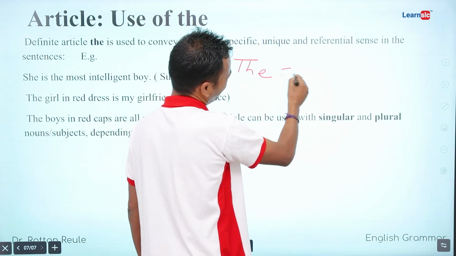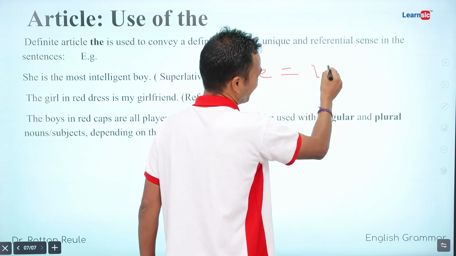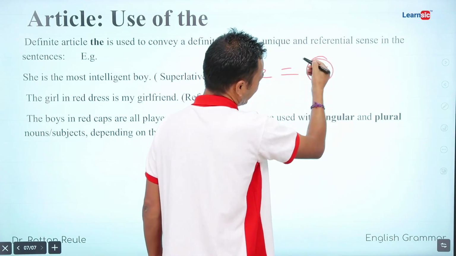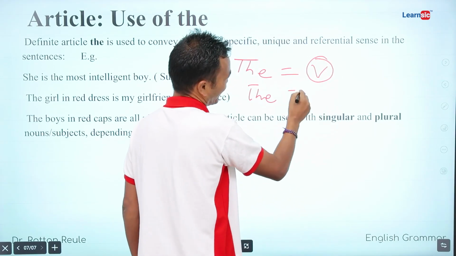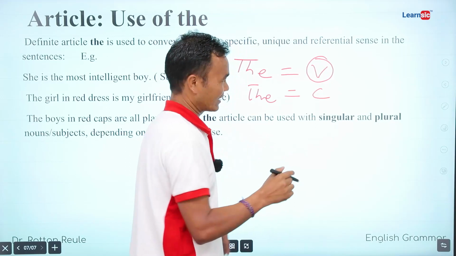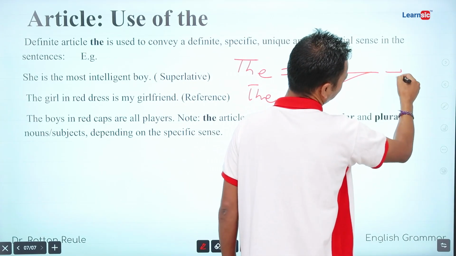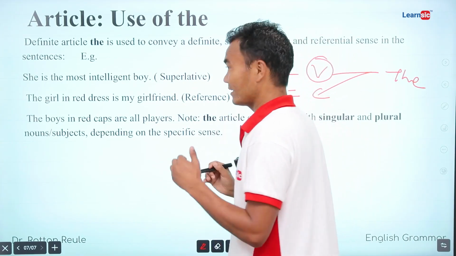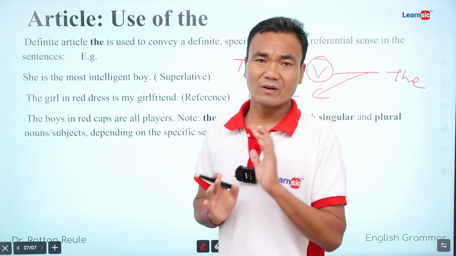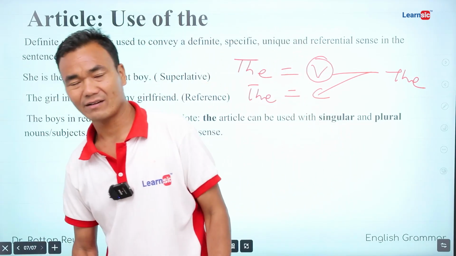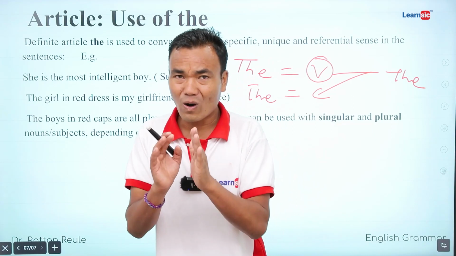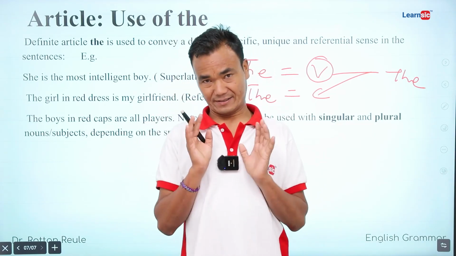The can be used with all kinds of sounds. It can be used before a vowel, it can be used before a consonant, no problem at all. So it can be the combo form. And now what is important to learn? First thing we have learned here: the is called a definite article.